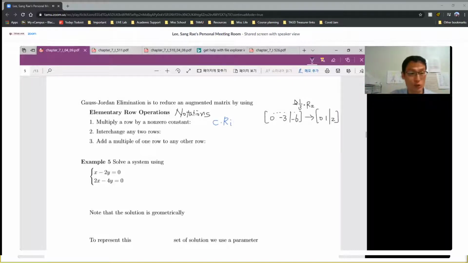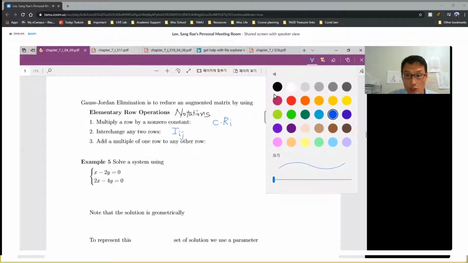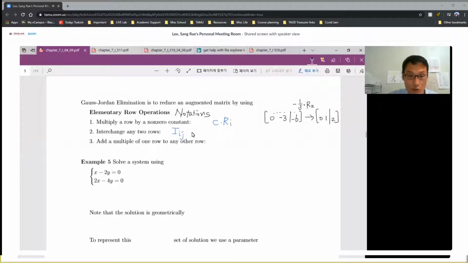So whenever you want, you can multiply a row by a non-zero constant. The notation is C times Ri. You can, of course, interchange 2 rows. The notation is R sub i and j. So this is to exchange the ith row and jth row.